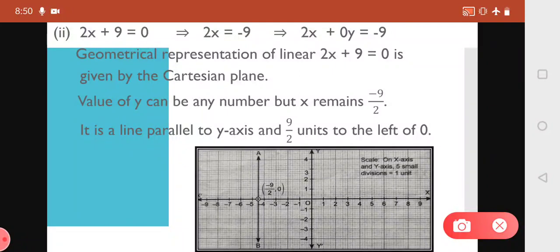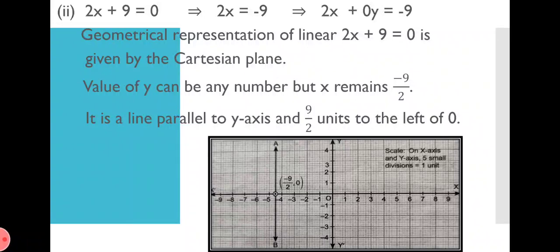Yes, this is your point minus 9 upon 2 and 0. So in this way we can represent the equations as lines parallel to the axes.